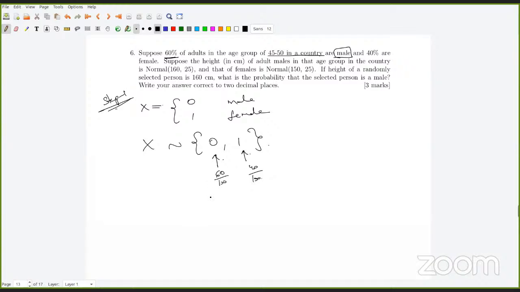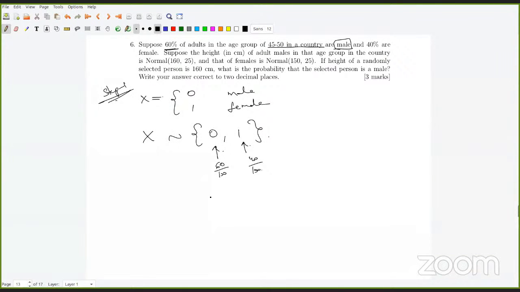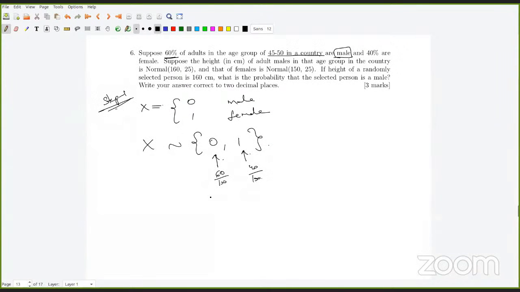So this is a discrete random variable following a Bernoulli distribution. That is one random variable. What is the other random variable? The height of a person.